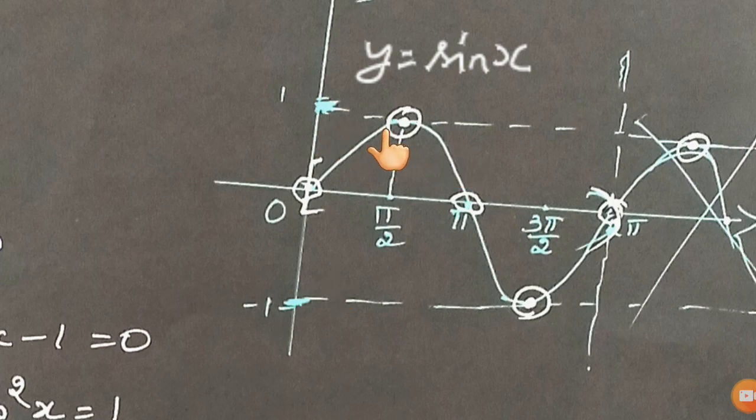Okay, and the maximum value of sin x is 1 and the minimum value of sin x is minus 1, so draw that there also. The graph touches the line y is equal to 1. Again it intersects the x-axis and it touches the line y is equal to minus 1. And again it intersects the x-axis. So we can take it up to 2π, that is enough.